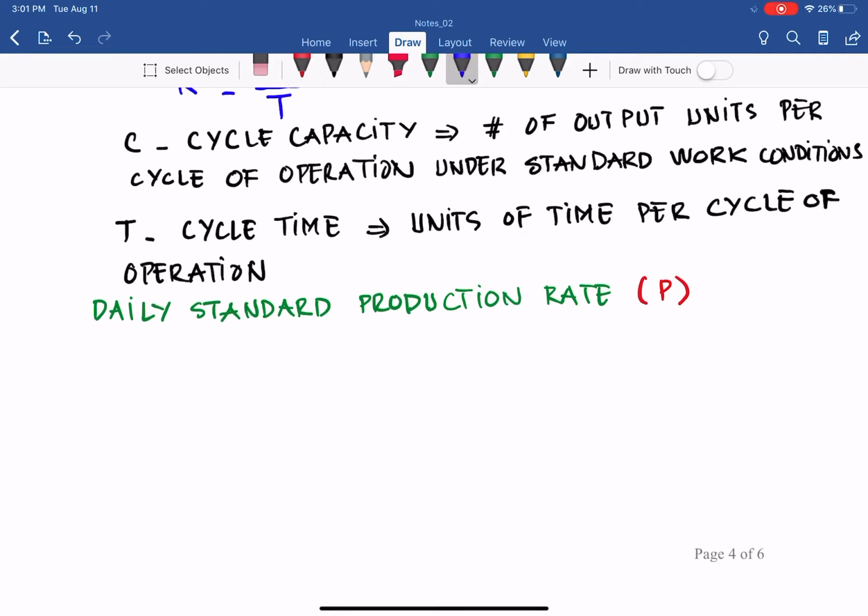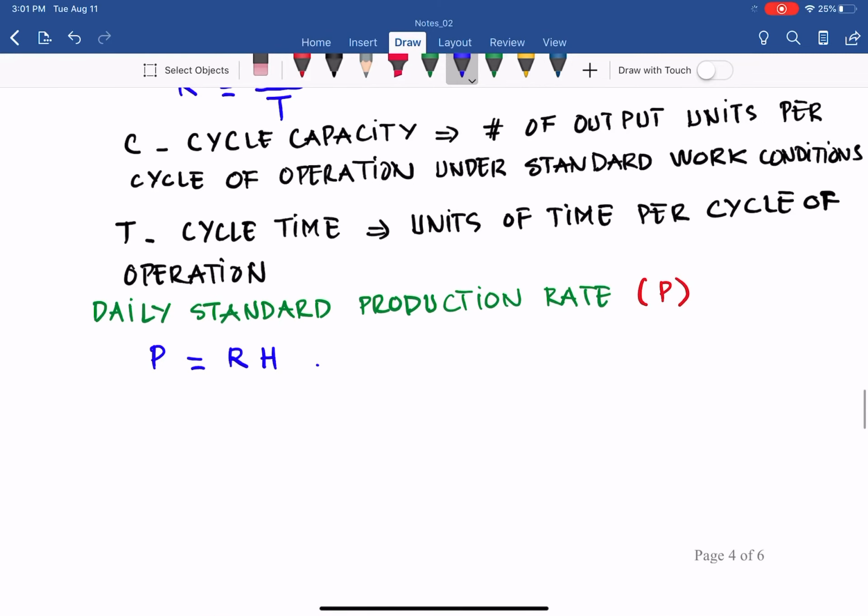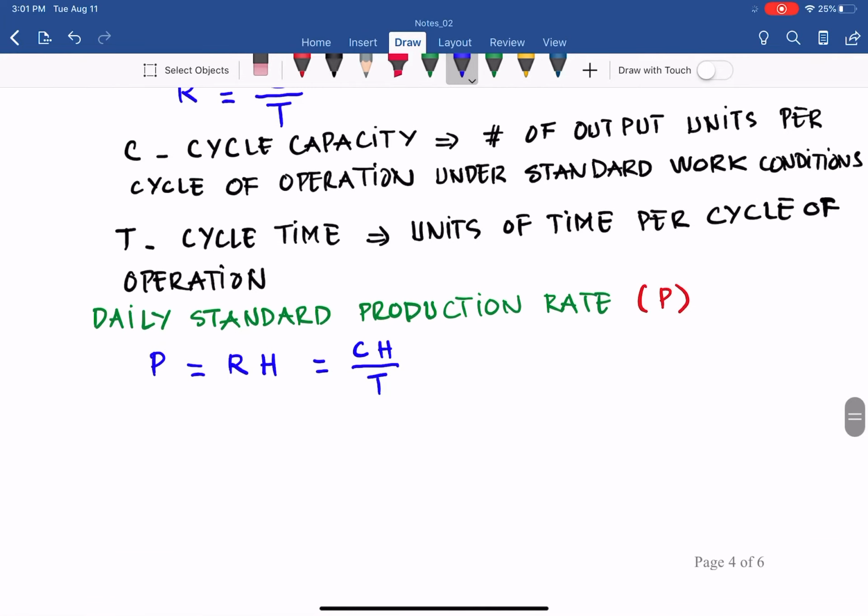From that equation, P is equal to the standard production rate times H, which is the operation hours, and since R equals C over T, I have P equals CH over T.